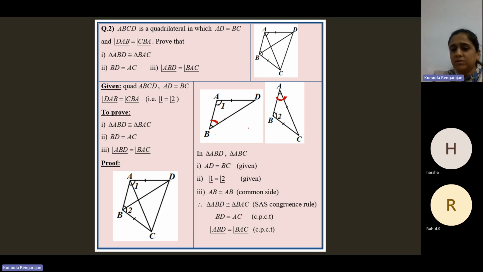Why are these two equal by CPCT? Because look at the name here. This B is the second letter, and here A is also the second letter. So CPCT, the corresponding vertices.